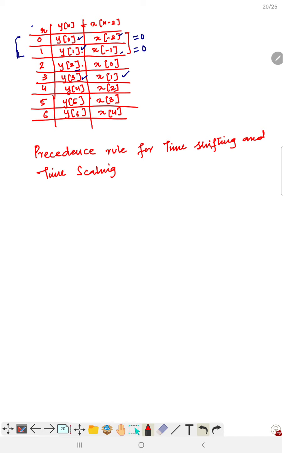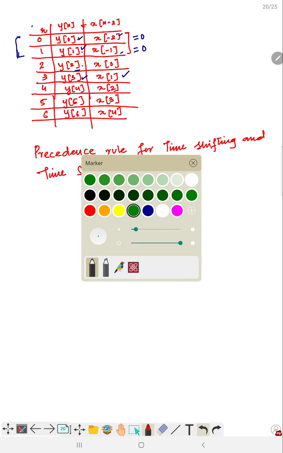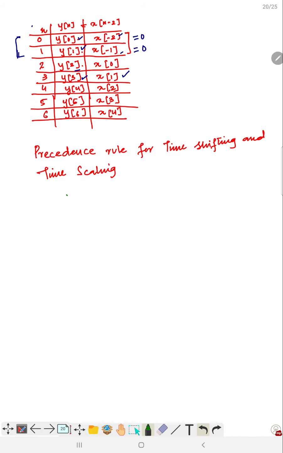But what happens if both the operations coexist, that I have a signal that is time scaled as well as time shifted? Something like this: I have a signal y of t, which has been obtained from x of t by performing scaling by a factor a and shifting by a factor b.